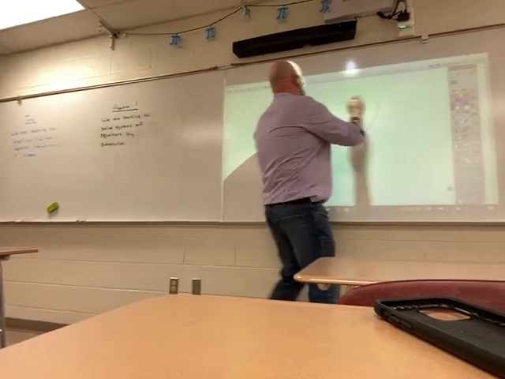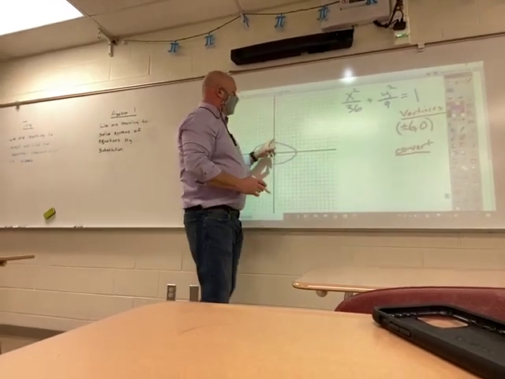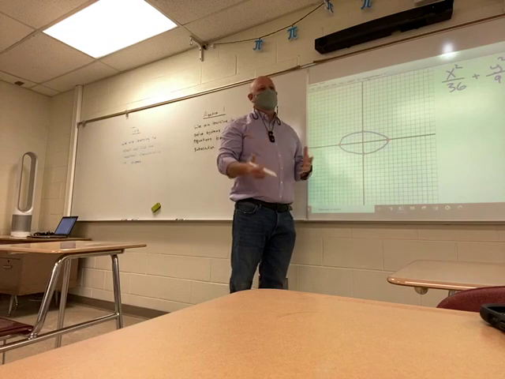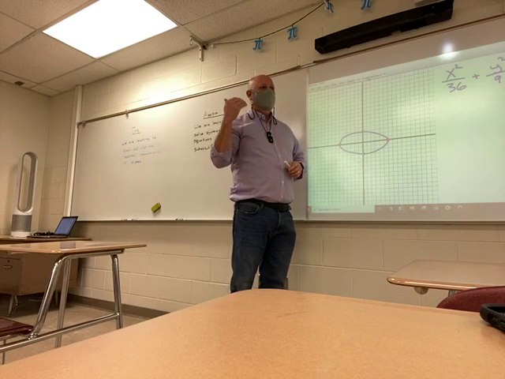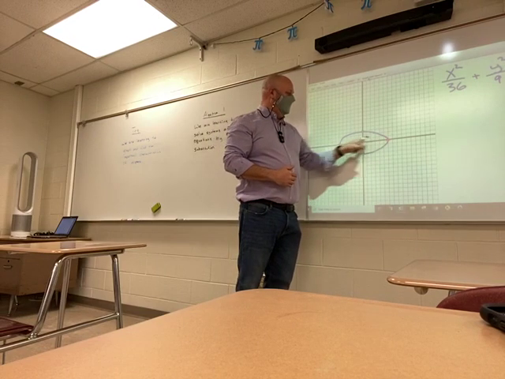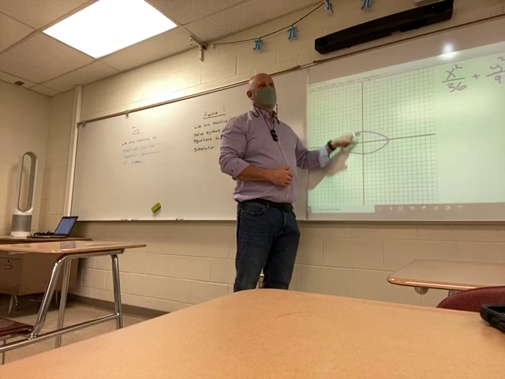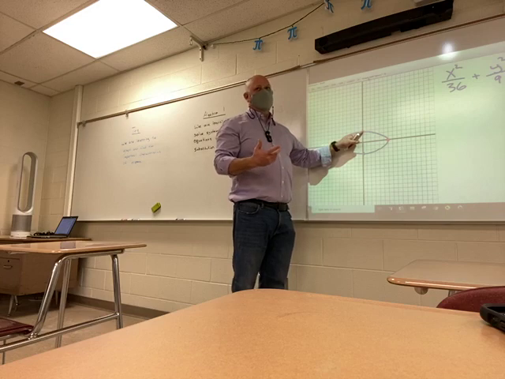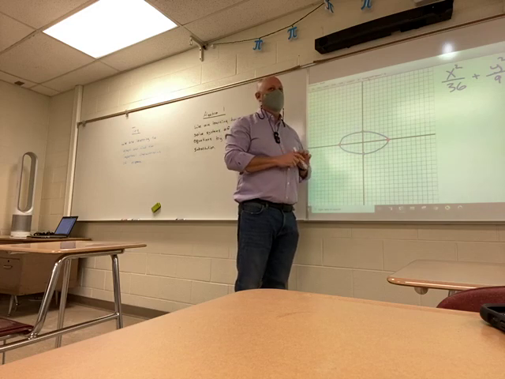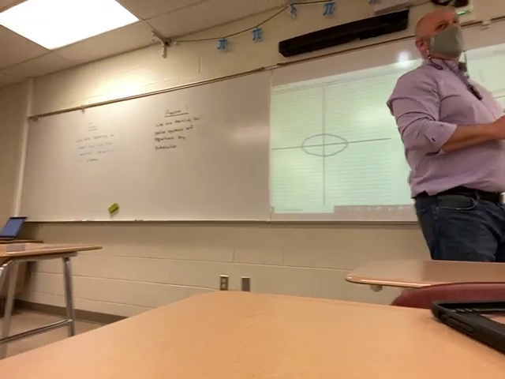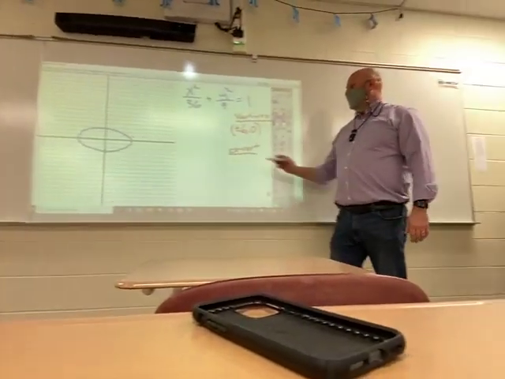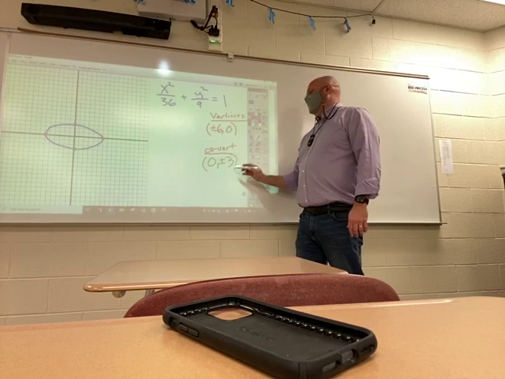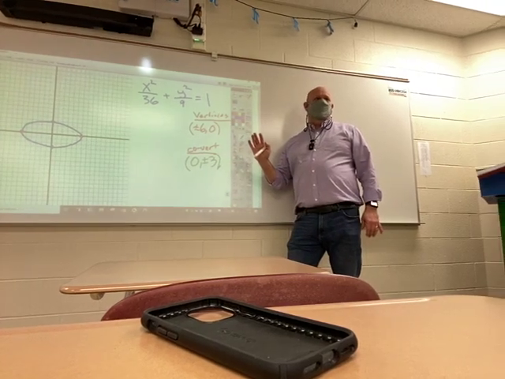So all 4 of these points are vertices. But we just want to be able to distinguish between these 2 vertices and these 2 vertices. Does that make sense? This is still a vertex, but it's a smaller vertex. So we call those the co-vertices. Those we would label as 0, positive and negative 3. Are we good so far?